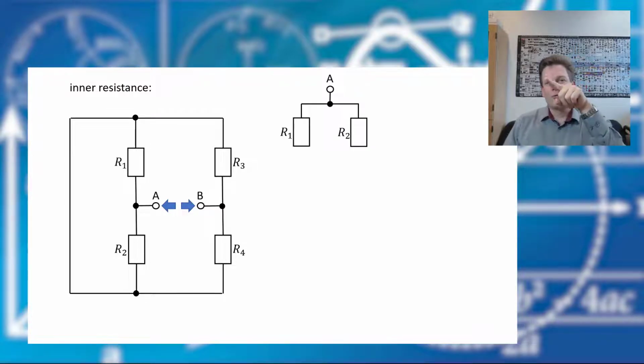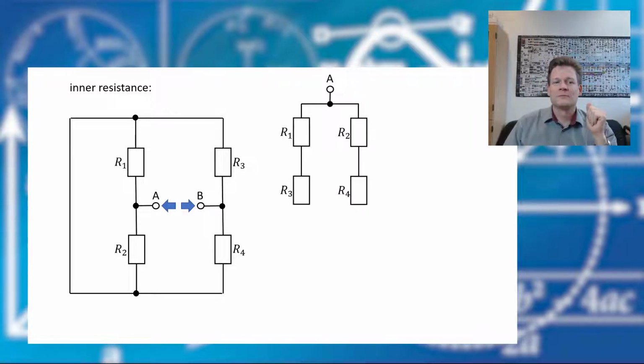Okay, if we walk through R1 and go to the right, we see that we come to resistor R3. And if we walk through R2 and go to the right, we see resistor R4.